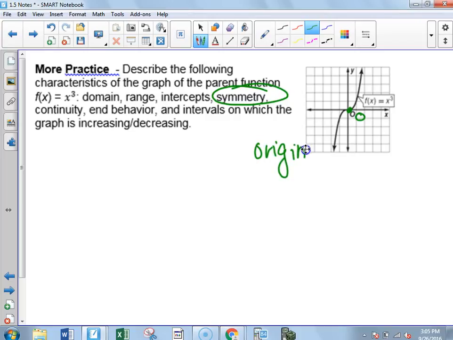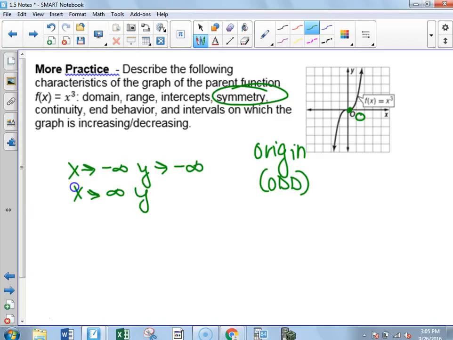Origin symmetry. It would be the same if we turn it upside down, right? So that's an odd function. Is it continuous? End behavior is different. What's happening? Left end is down, and the right end is up.